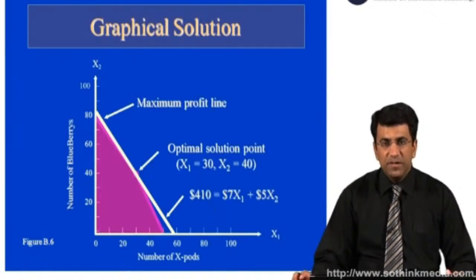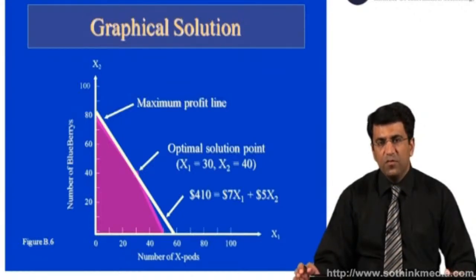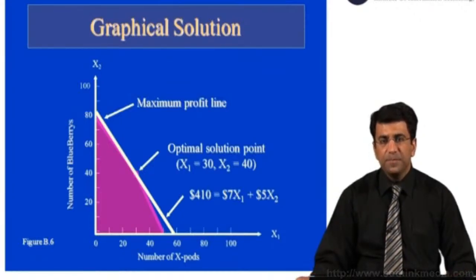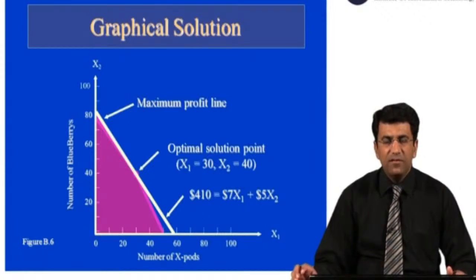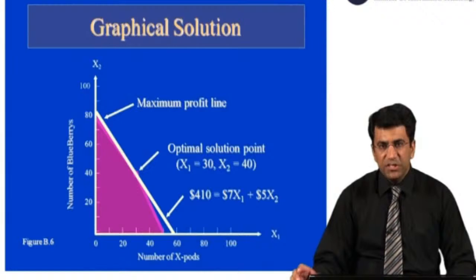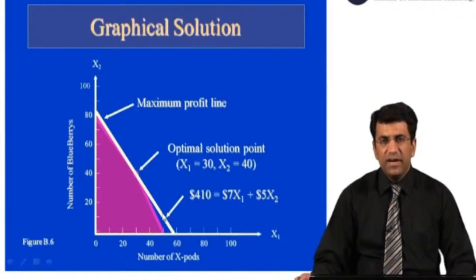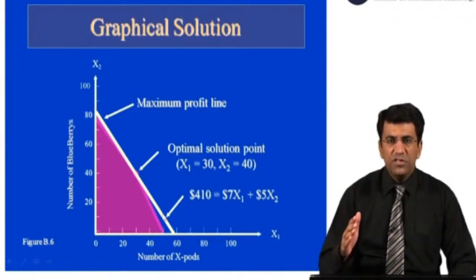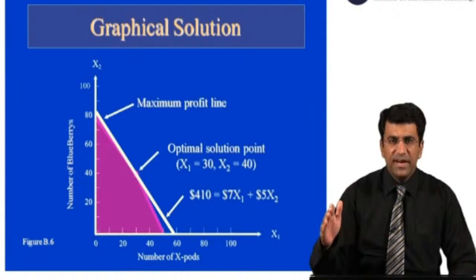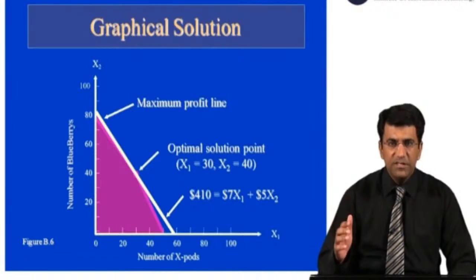So please try to remember these steps: after drawing the constraints in the form of the graph, we will draw a hypothetical profit line by taking any suitable value, so that the profit line remains within the feasible region. Then we will try to increase the profit value on the left-hand side, so that the profit line moves upward towards the last point of the feasible region.